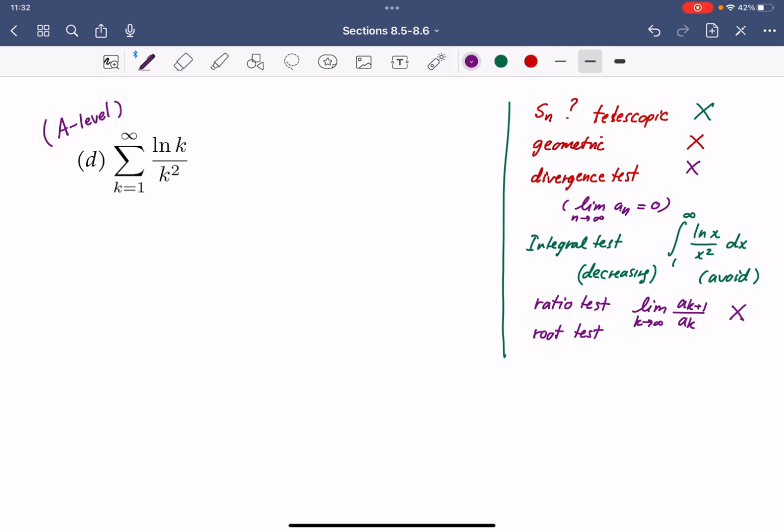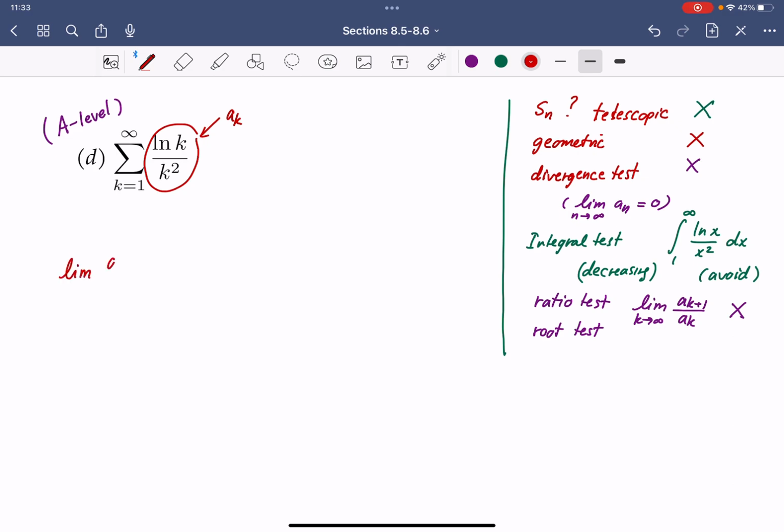So let's start, because this question is about the limit comparison test. Let's see how hard it is. We're going to pick b subscript k. That is good enough. Because the top term is log k, we don't know how fast it goes compared to the k squared, so maybe you have to pick so many choices.